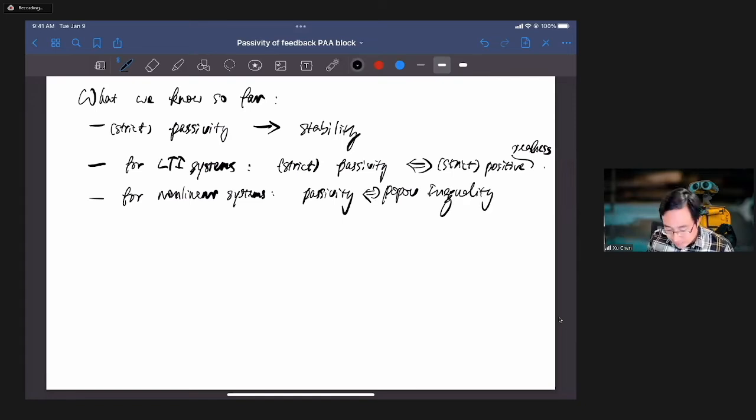All right. And with these and the fact that interconnected passive systems are passive, we can have these beneficial results of stability. All right. So a feedback connection of two passive systems will be passive.